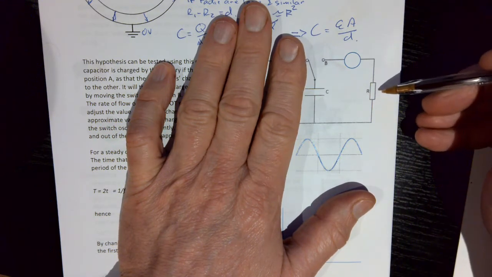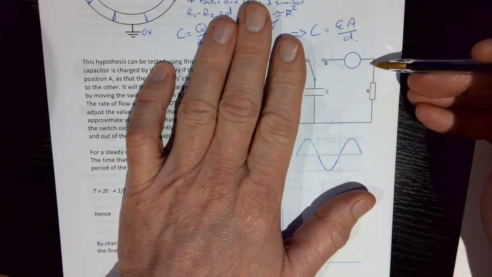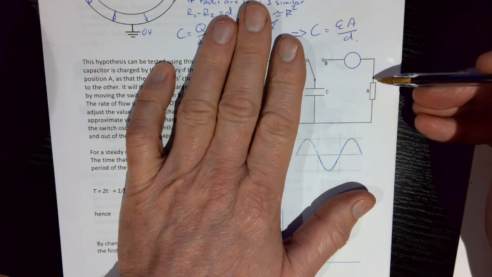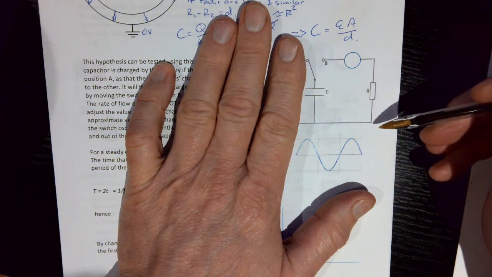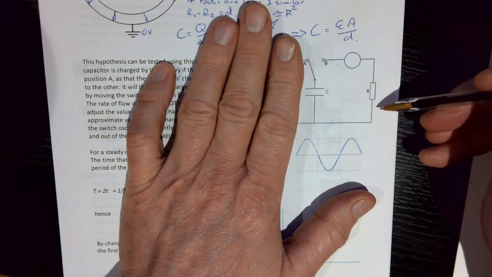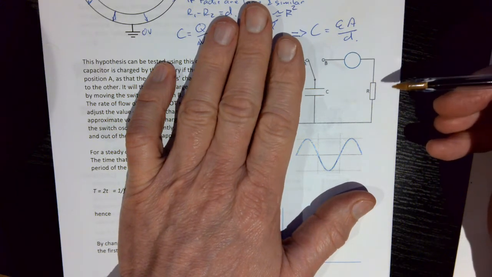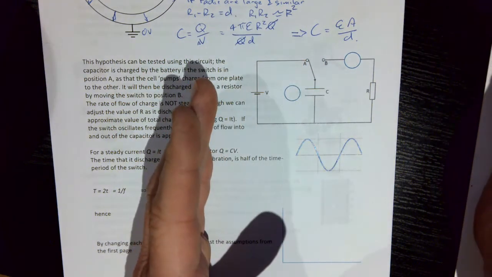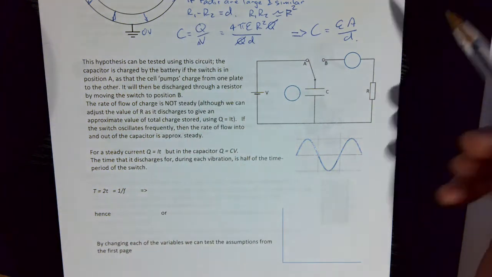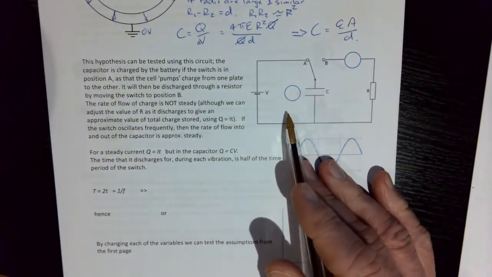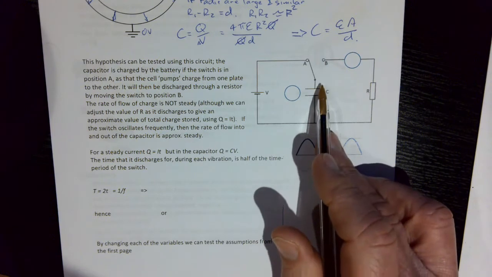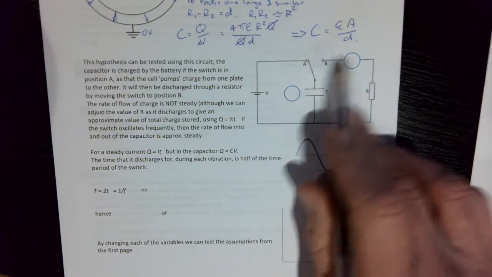So what this shows is you get a surge of current flowing out, and then the surge slows down and it gets smaller and smaller, the rate of flow. So it's not constant, but using a bit of cleverness, we can use this pretty standard circuit to charge up a capacitor and then switch it across, discharge.